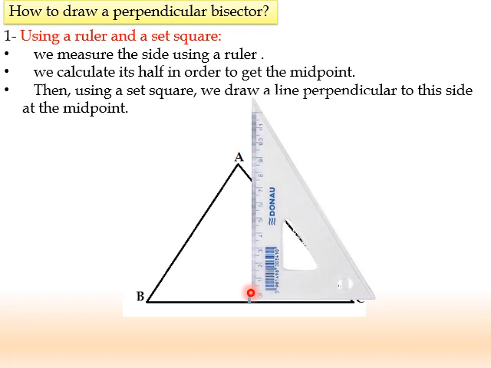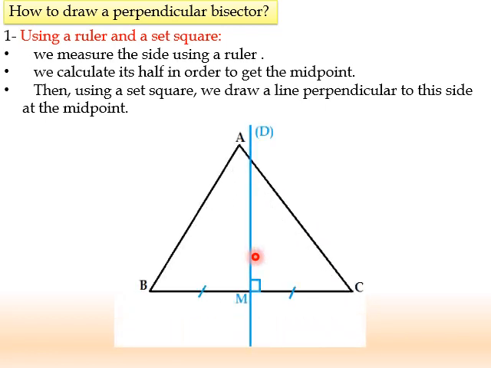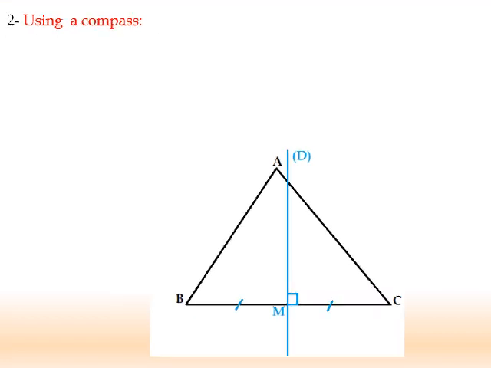By using my set square, I have to put one of the edges on BC and draw a line on the second edge so that it's perpendicular to BC at its midpoint M. Okay, now I can say that D is the perpendicular bisector of BC.